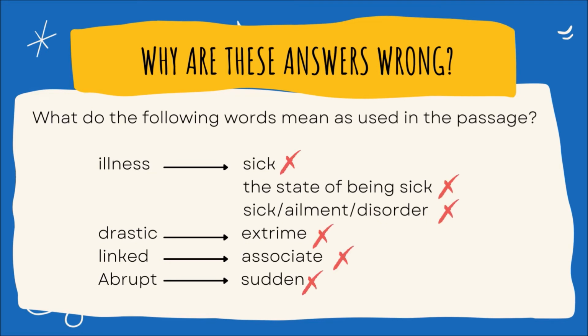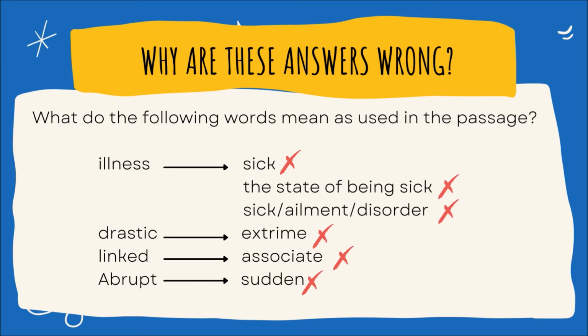The third one, why is it wrong? If, let's say, students give this kind of answer, sick or ailment or disorder, lecturer or examiner will only look at the first answer.